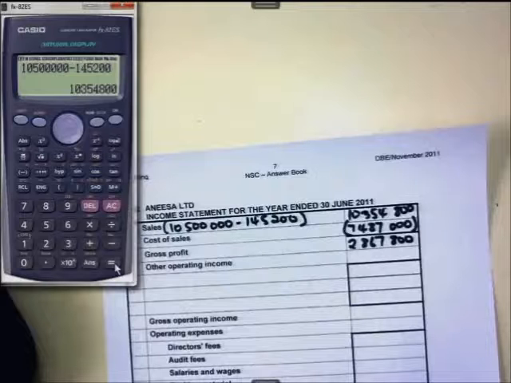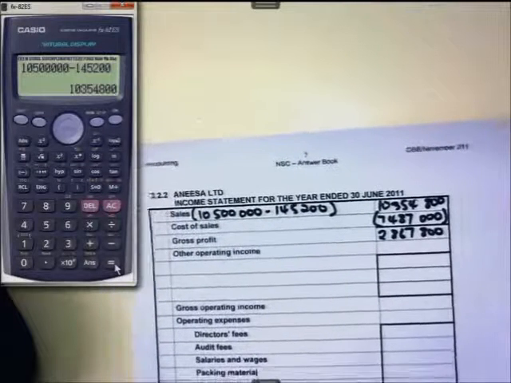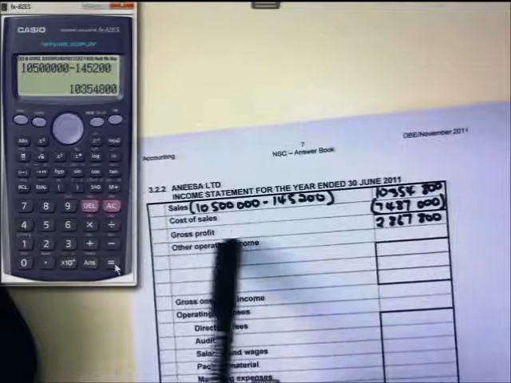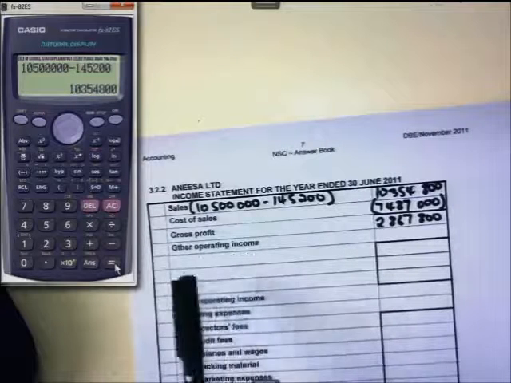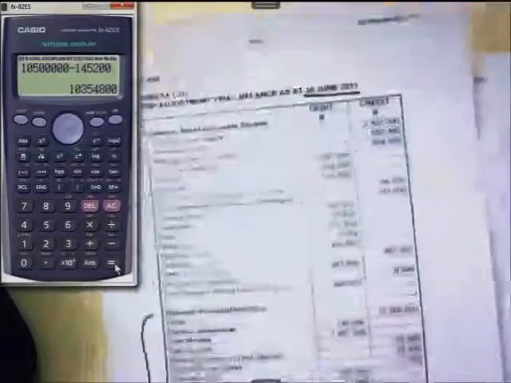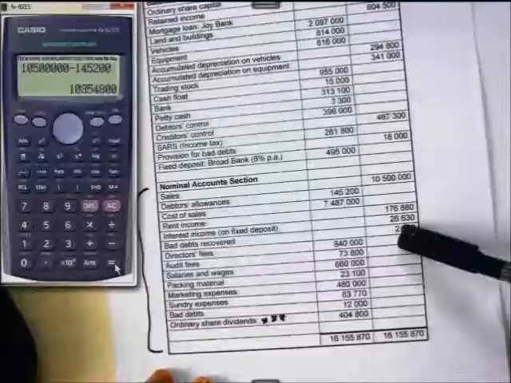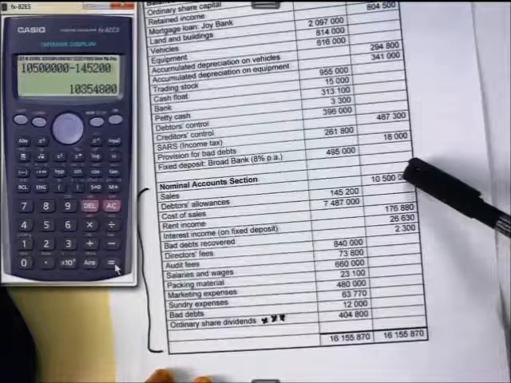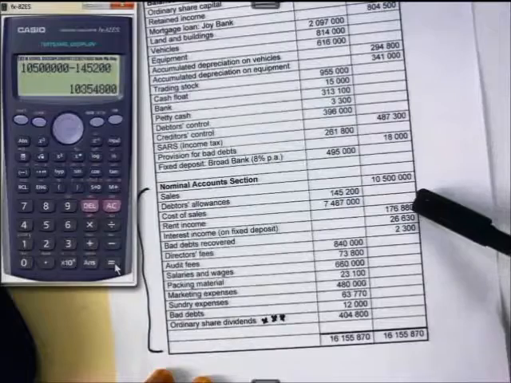So we are done there. And then under operating income, remember we said we must check what is given to you. If you check there, nothing, we must fill in what is left. So you refer to your nominal account section as given. You check the incomes. We have already recorded the sales, and the next income there is rent income.